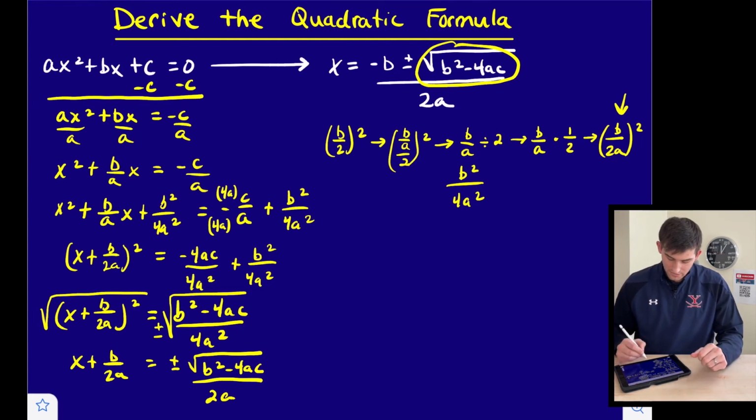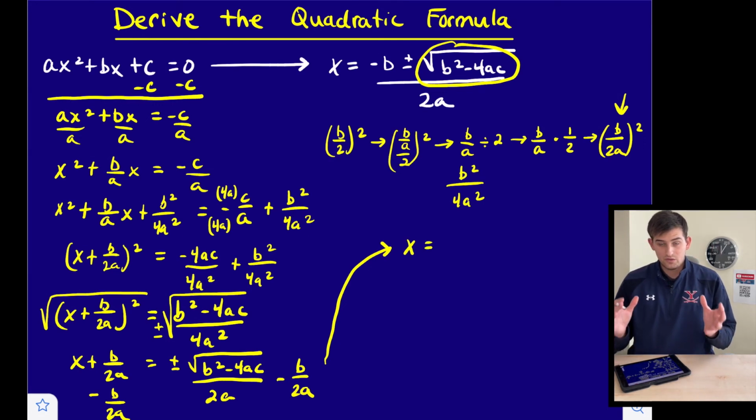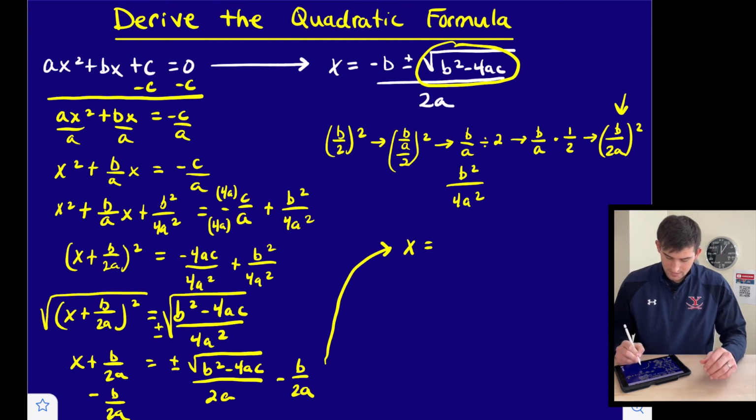The last thing we need to do is subtract b over 2a from both sides. Okay, so we're going to bring it up here. And so now we have x equals, and look what we have. Two fractions being added together with the same denominator, so we can write the numerators together over a denominator of 2a. So I'm going to write this, and I'm going to switch them again because of our formula having negative b listed first.